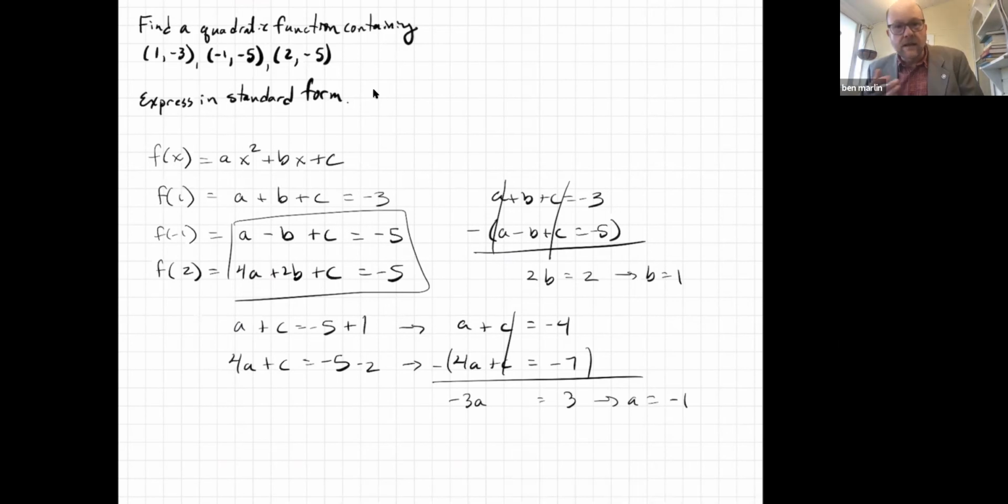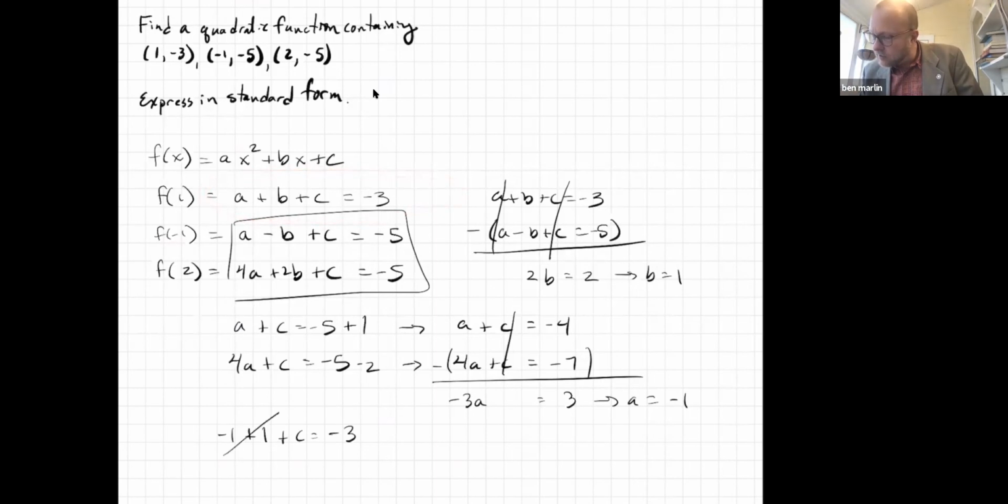Okay. Now, finally, you have only one variable left, and you can plug into any of the three equations to figure this out. I'm lazy, so I will plug into the first one. The first one here, as you recall, had a plus b plus c. So I'm just going to write minus 1 plus 1 plus c equals negative 3.